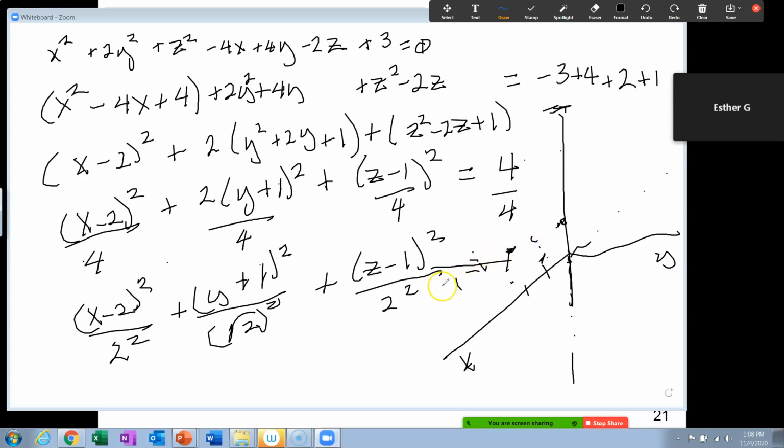Then on y it's the root 2 that you're going, plus or minus root 2. So that would be plus root 2 here, that's 1.4. Minus root 2 would be negative 1.4, and then plus or minus 2 on z, somewhere plus 2 and minus 2. That would be our ellipsoid.